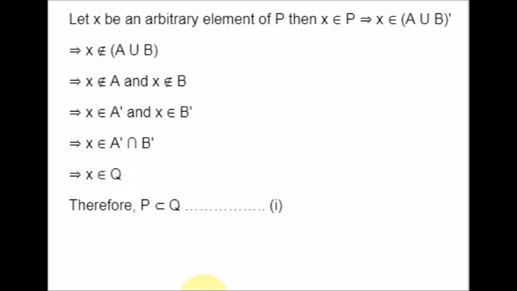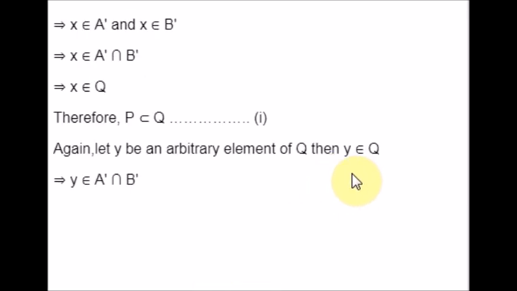Again, let Y be an arbitrary element of Q. We are going to prove the other side of the proof. Then Y belongs to Q, which implies that Q is nothing but the right side, A complement intersection B complement. So if you look at this in detail, you can say that Y belongs to A complement and Y belongs to B complement. If an element belongs to the complement, it means that it does not belong to the set.